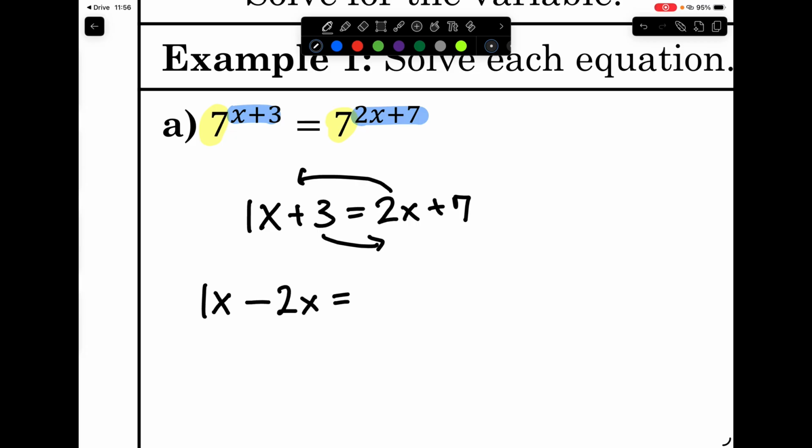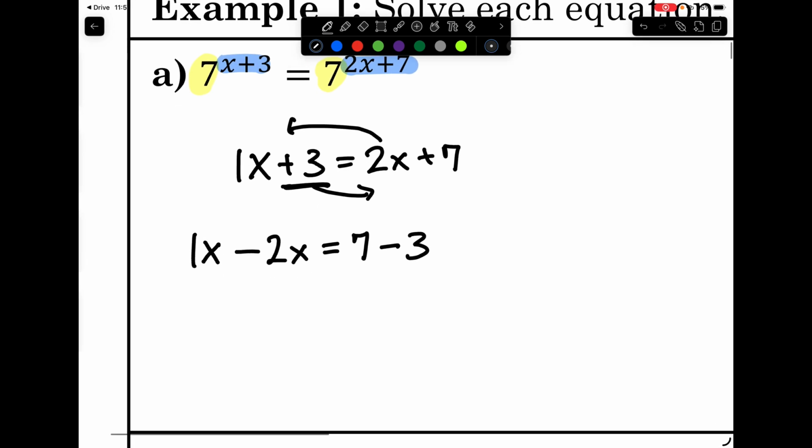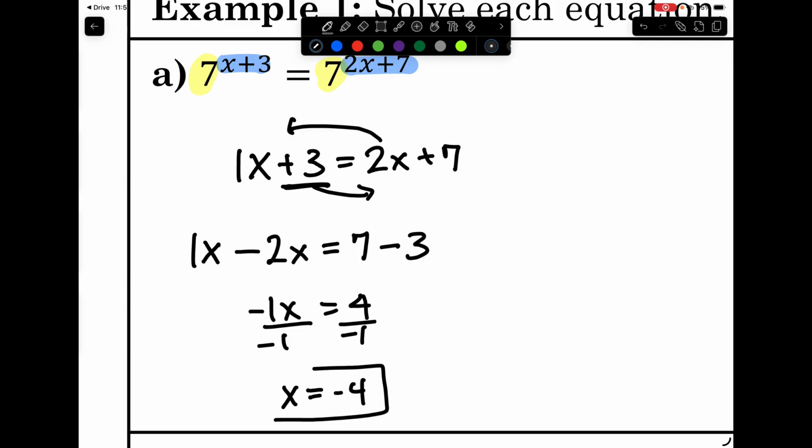On the right side, I have a positive 7 already there, but I have to move this positive 3 to the opposite side of the equation, so that changes it to a negative 3. Then combining like terms, this is going to be negative 1x, and this will be a total of 4. Dividing by negative 1, x equals negative 4. So there is your solution to the first equation.